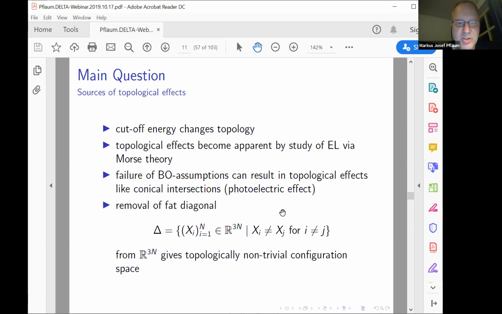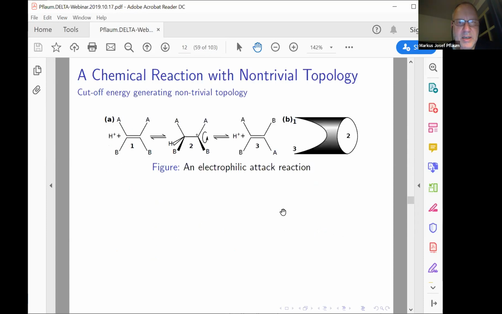Okay, so now this is the example Shankar created for our proposal, and maybe I'm the wrong person to explain this, but Shankar, feel free to jump in and add. So this is an electrophilic attack reaction.